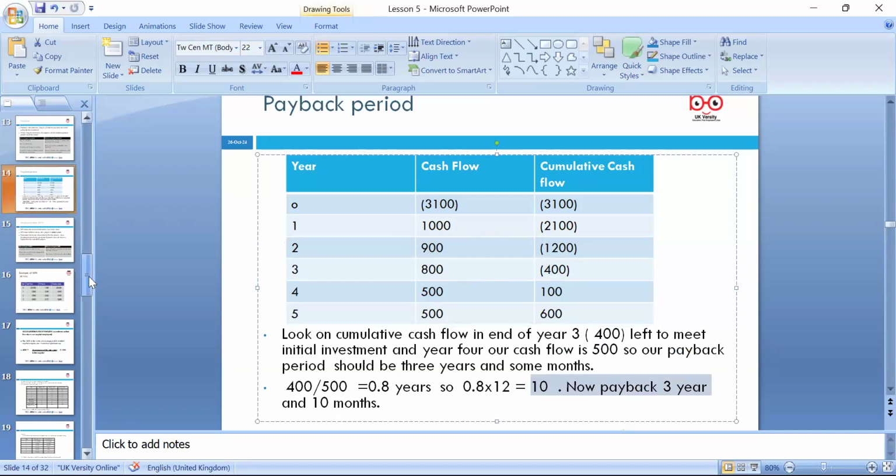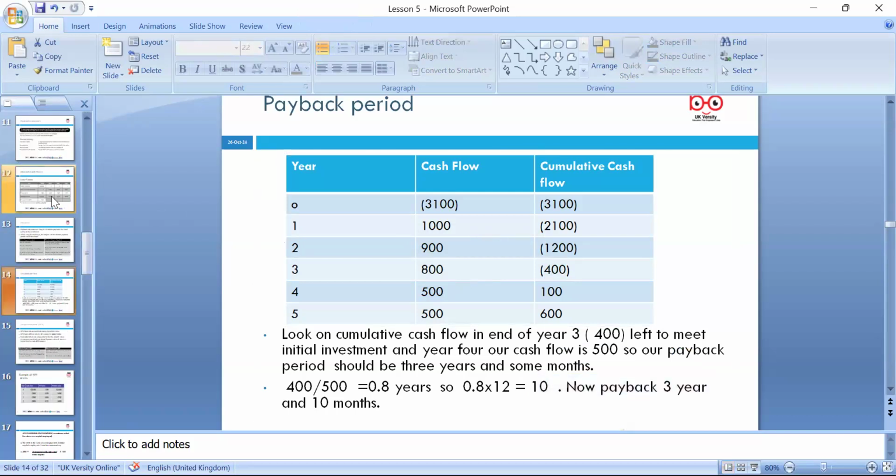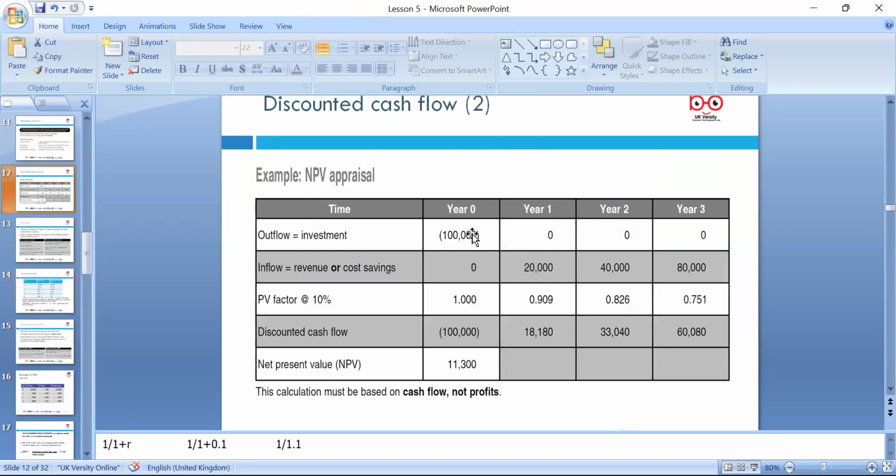Okay, then we discuss NPV, net present value. Here we are investing 100,000, and we are getting 20,000 in year 1, and 40,000 in years 2 and 3. We use the time value of money, as we mentioned earlier, so we use discount factors. 1 divided by 1.1 comes to 0.9.